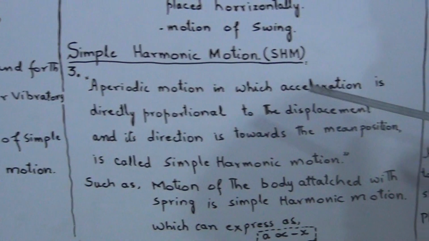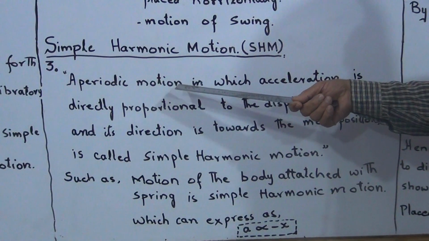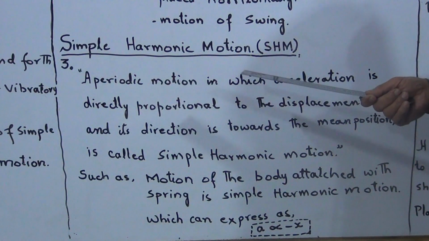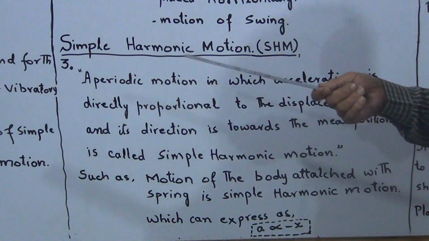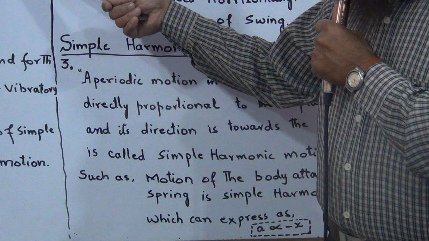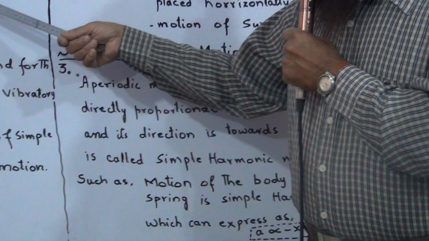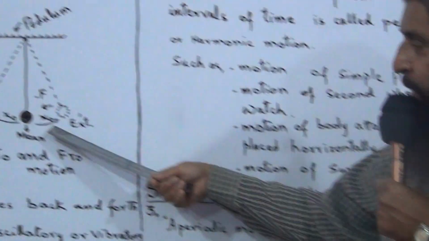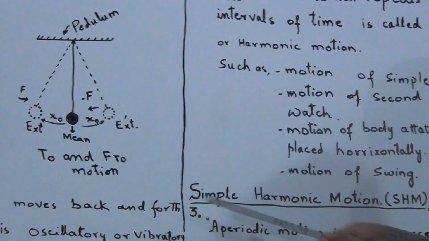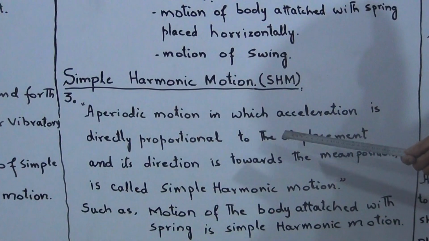Now the first condition was that acceleration is directly proportional to the displacement. If you increase the displacement, acceleration will increase. If you decrease the displacement, acceleration will decrease. This is the first condition.